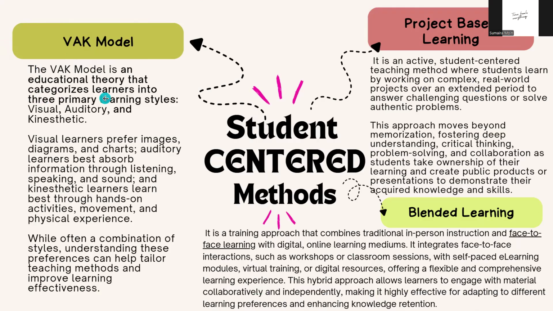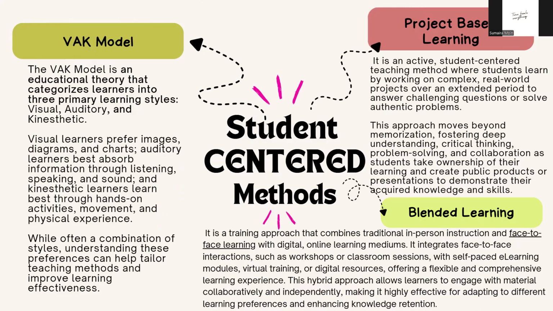It is an educational theory that categorizes learners into three primary learning styles: visual, auditory, and kinesthetic. Visual learners prefer images, diagrams, charts. Auditory learners best absorb information through listening, speaking, and sound. And kinesthetic learners learn best through hands-on activities, movement, and physical experiences.